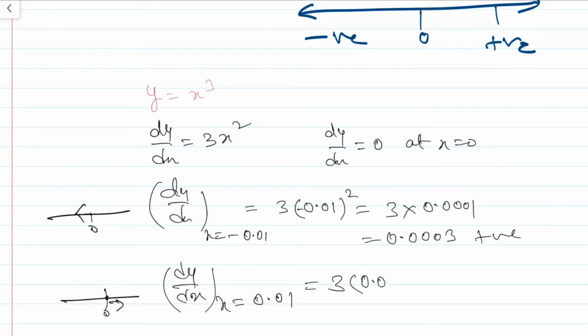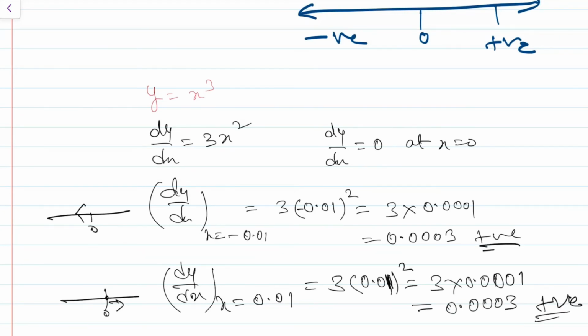It will be 3 into 0.01 whole square, 3 into 0.010001, it will be 0.0003. It is still positive.